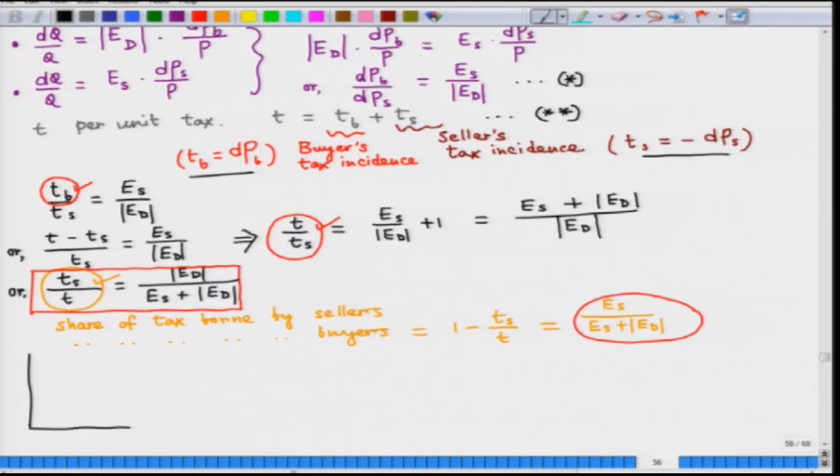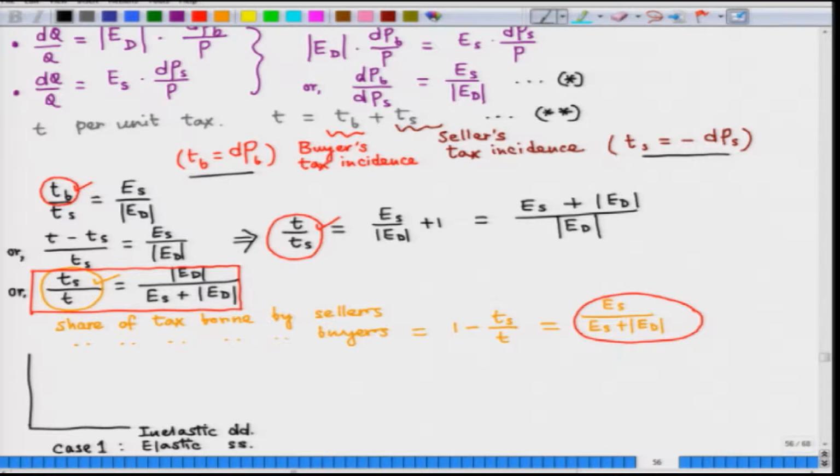So, this is our case number 1, which is basically the case of inelastic demand and elastic supply, right.